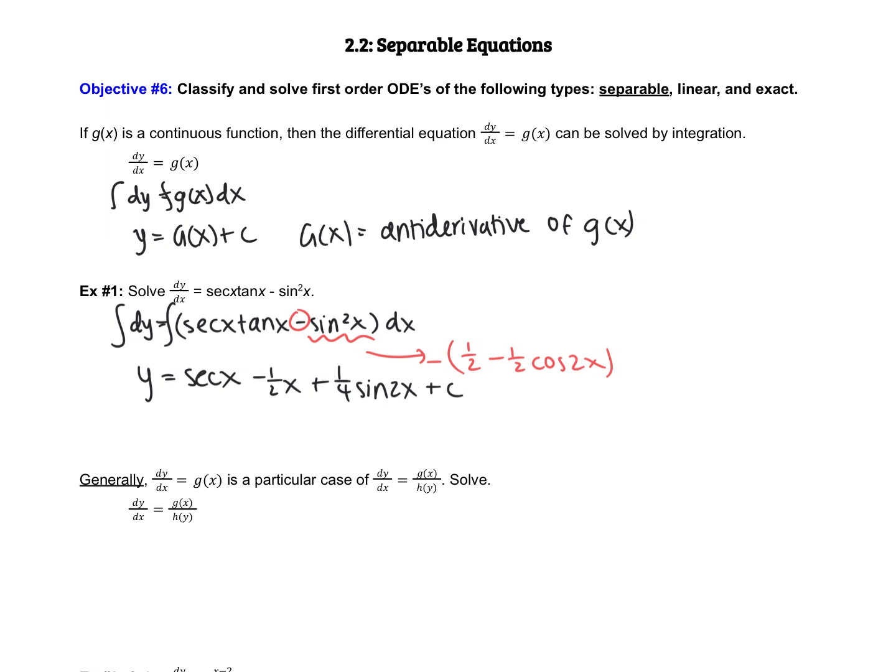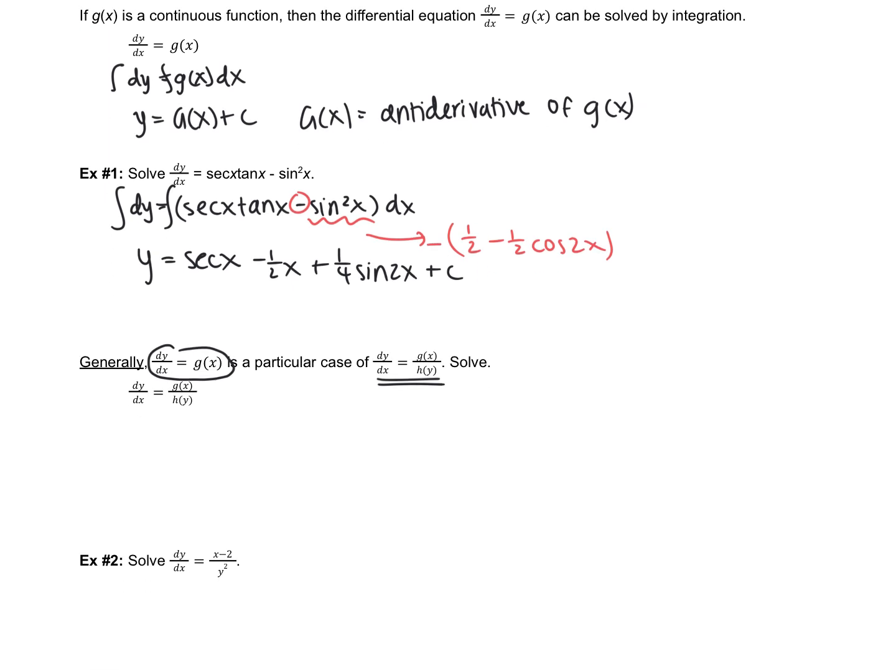Okay, so that you've seen before. What we're going to look at now is that specific case being equal to g of x. That is one particular case of this more general equation, dy dx equals a function of x and a function of y. So what we can do then, when we're solving that, is get the x's and the y's together.